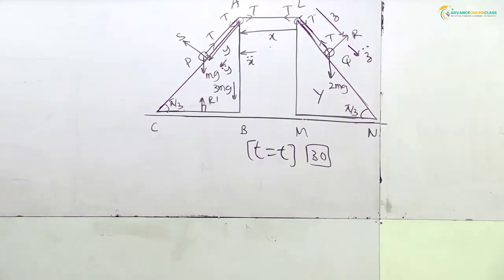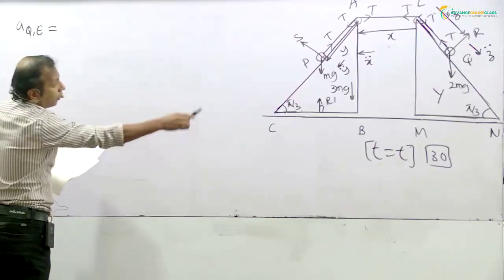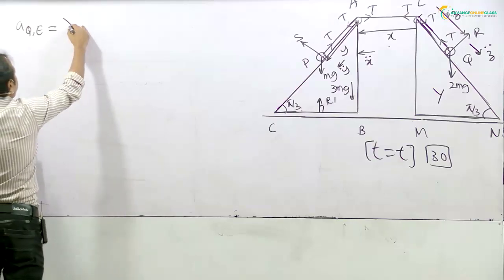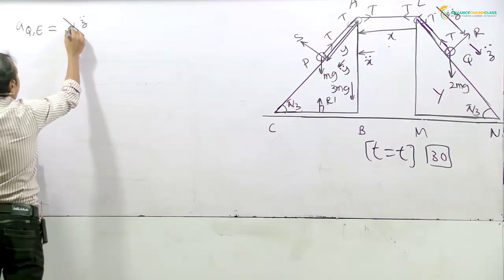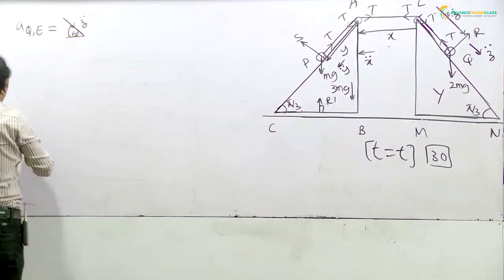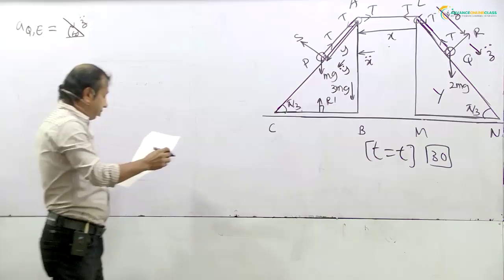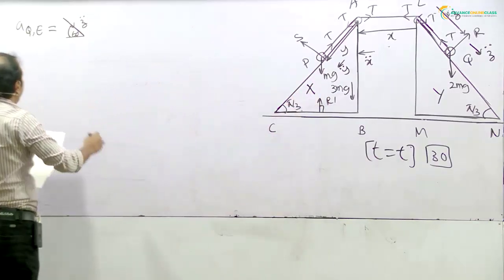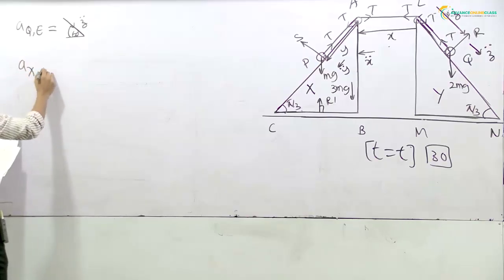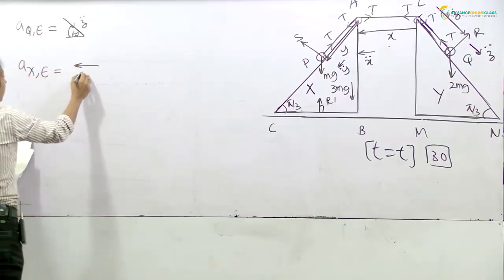Right. Acceleration of q relative to Earth. Q relative to Earth is z double dot. This is 60. Right? This is the x, no? Acceleration of x relative to Earth. This way x double dot.